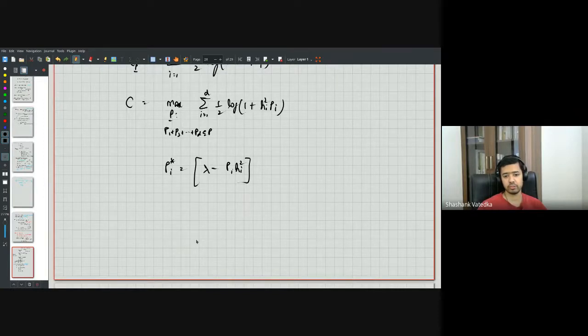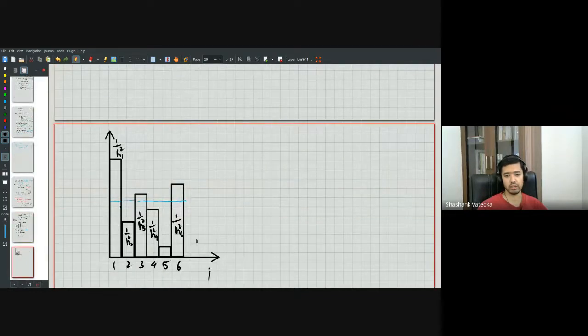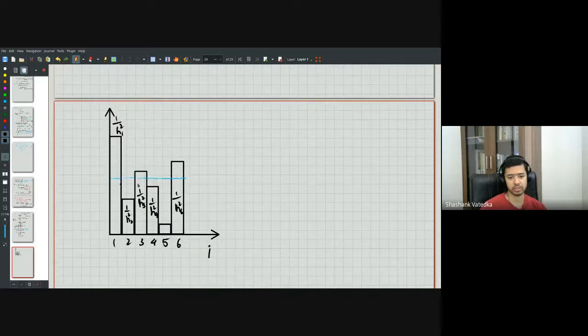All right, so this has the following water filling kind of interpretation. Intuitively what this says is that if the channel coefficient h_i is large, then you should be transmitting at a higher rate across that particular subchannel, right?